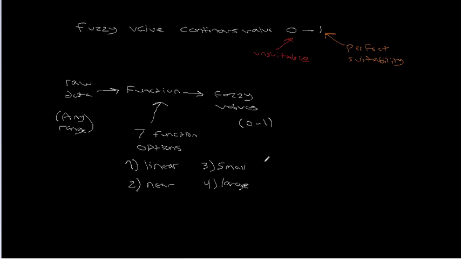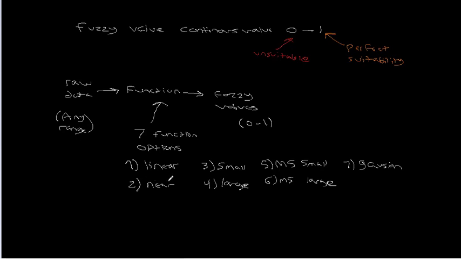Then we'll talk about what's called MS small, MS large, and then something called Gaussian, which is really similar to near.